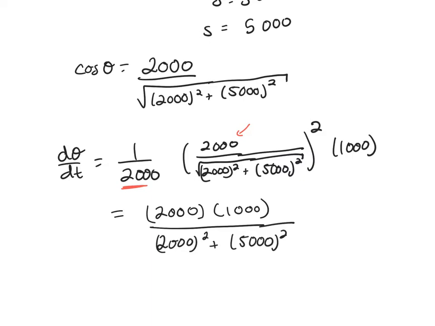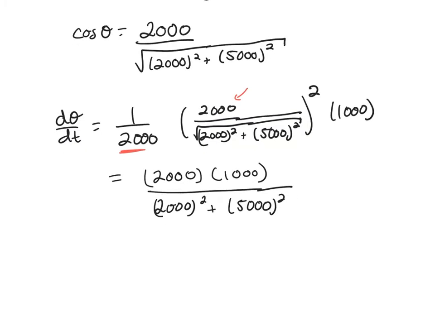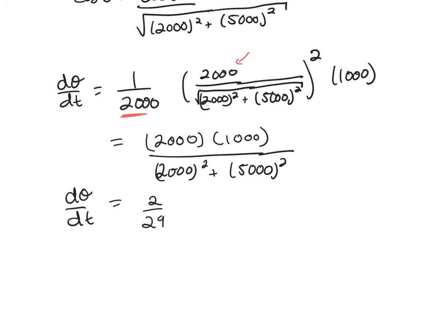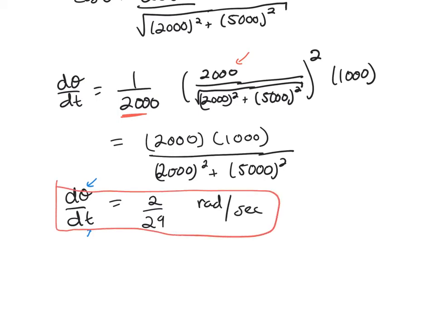And then you would put this in a calculator to simplify this fraction. It's going to be 2 over 29. Now, what are my units here? Remember, it's important that we have units. Theta is an angle, measured in radians. So this is radians per, and what was t measured in? t was measured in seconds, so it's radians per second. And this is my answer for this one.